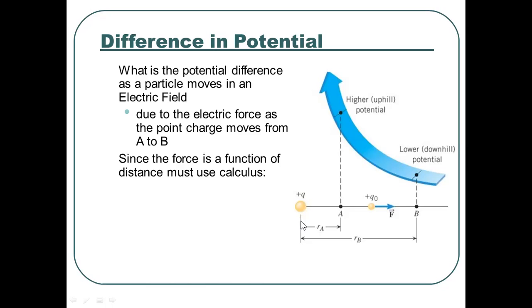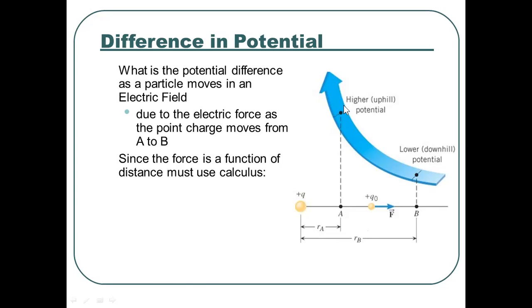With respect to the points, we're going to name the distance to point A as rA, and the distance between your charge here and point B as rB.